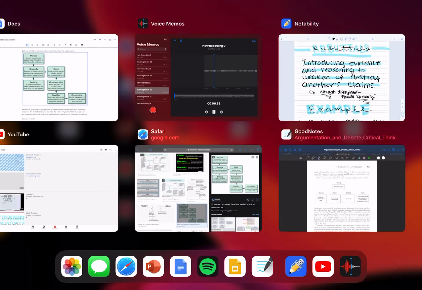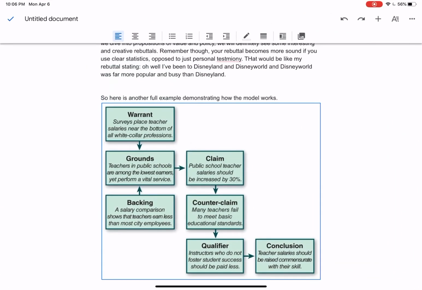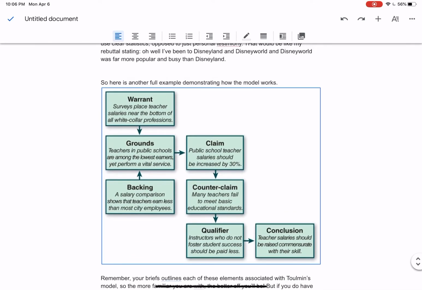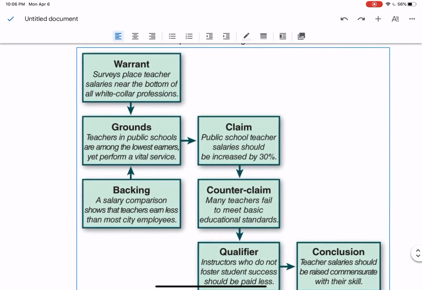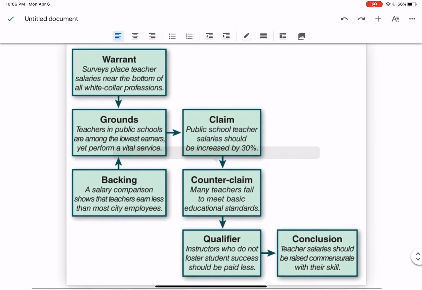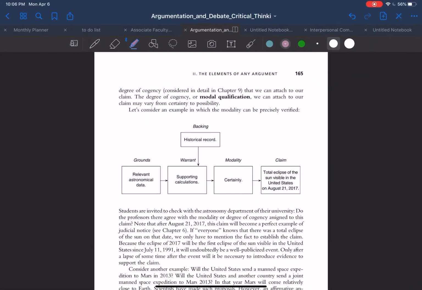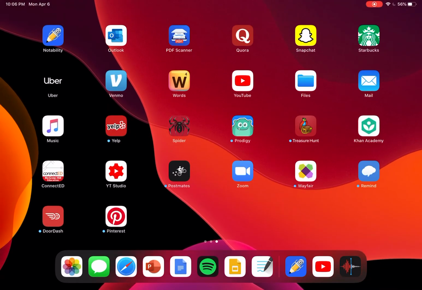So remember though, your rebuttals become more sound if you're using more clear statistics as opposed to just personal testimony, of course. That would be like me using the rebuttal that I've been to Disneyland and Disney World, and Disney World was far more popular and busier than Disneyland when I went, right?